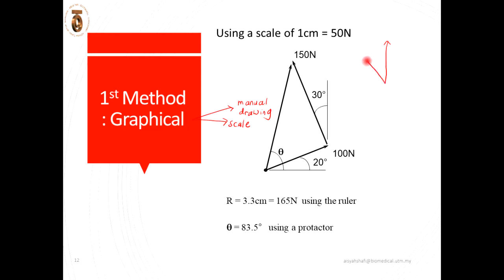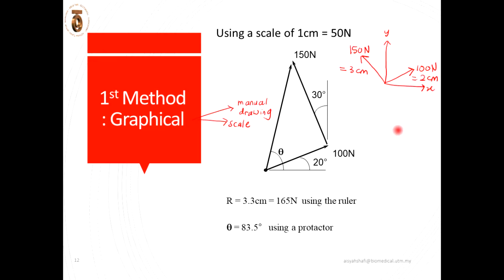So we have 150 Newton here, and then we have 100 Newton here. So this is the y-axis and x-axis. Based on this, for example, you can use the scale of 1 centimeter equal to 50 Newton. So for 150 Newtons you use 3 centimeters, and 100 Newton equals 2 centimeters.